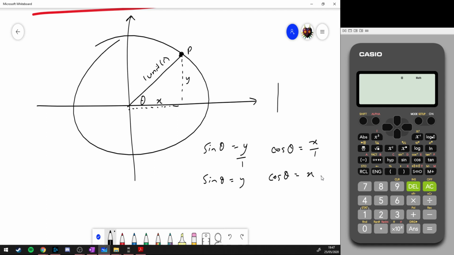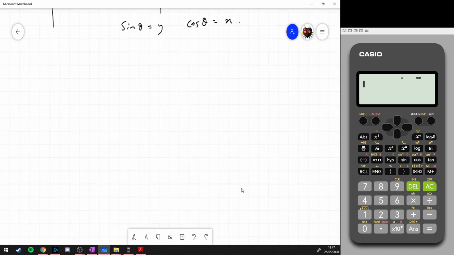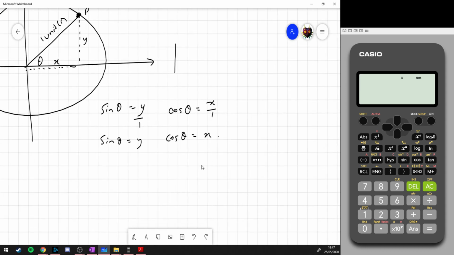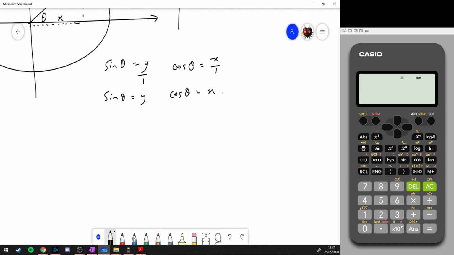Okay. Now, what we're going to do is relate x and y directly, so the two equations x and y, to relate them directly. To relate x and y, we're going to use Pythagoras.